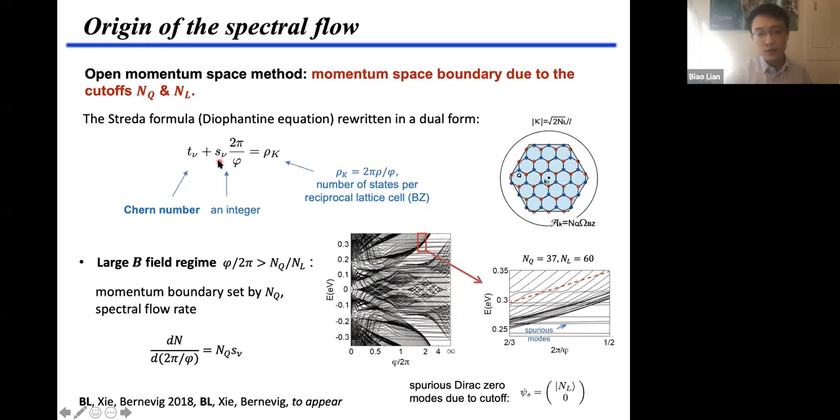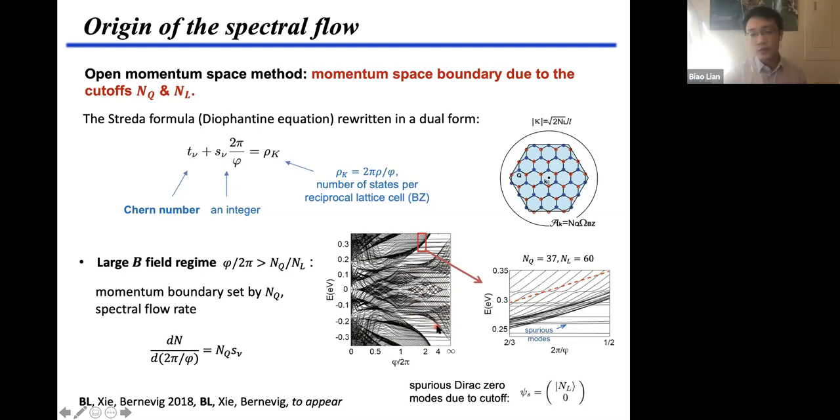So basically, S nu plays the role of a kind of a dual Chern number in this momentum space. In the example here, these levels are the spectral flow levels controlled by this formula. I just want to mention there are also these horizontal lines, as you can see.